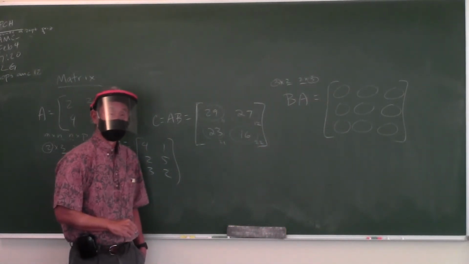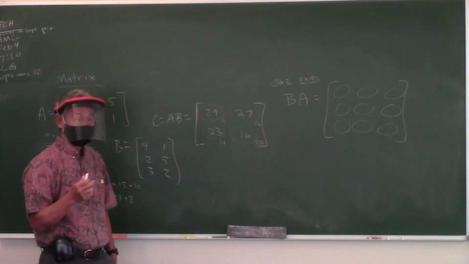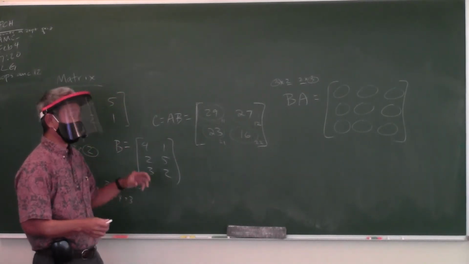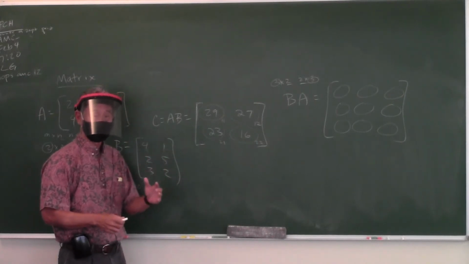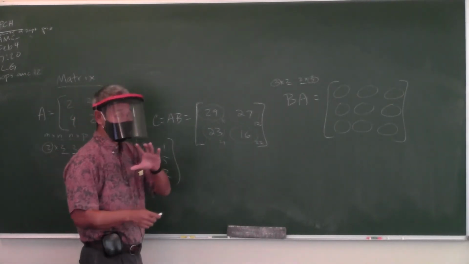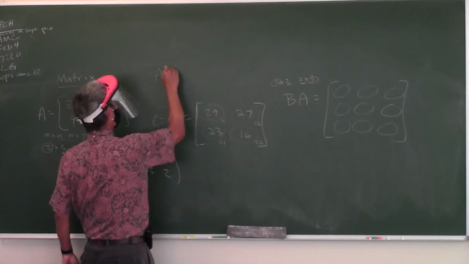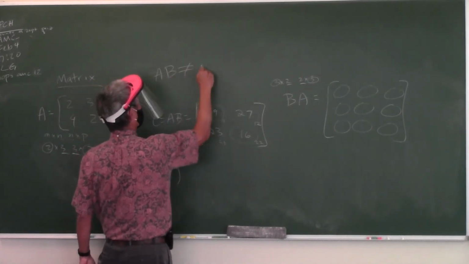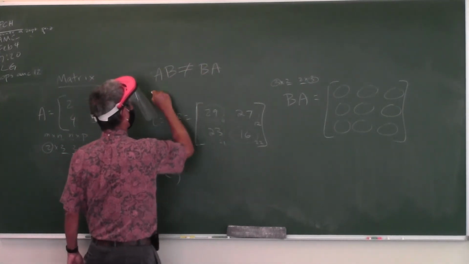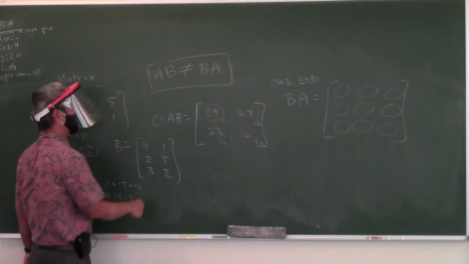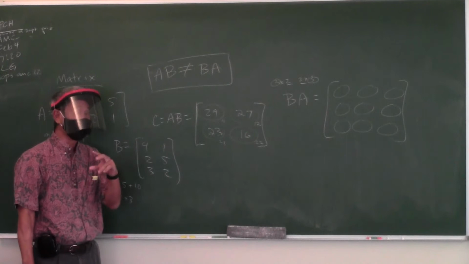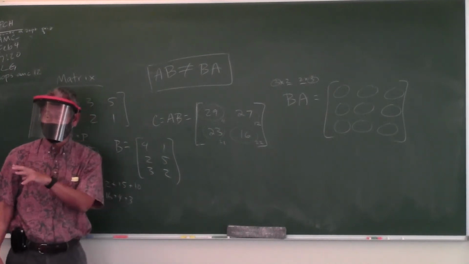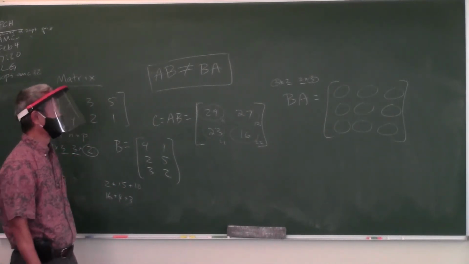So do you think A times B equals B times A? No, it's not. So this is one of the most important things with matrices. The commutative property of multiplication does not work in general. So in general, A times B is not equal to B times A. Now there are a few cases where it does work, and you're going to discover it when you do the homework tonight.